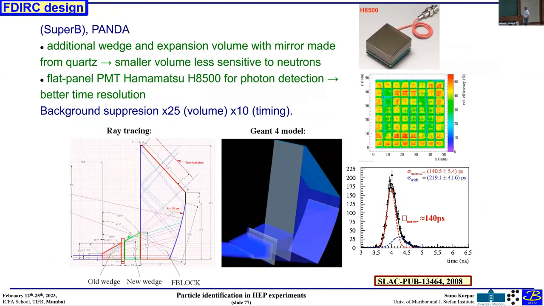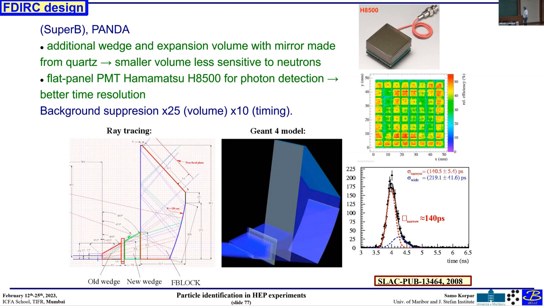Now, extensions of this were studied for the Super B that was not then realized. But at the end, instead of this water expansion volume, there was a quartz expansion volume with focusing. Why focusing? To correct for chromatic dispersion. Different wavelengths go out at different angles, and if you use the focusing, these different colors will be focused to different spots.